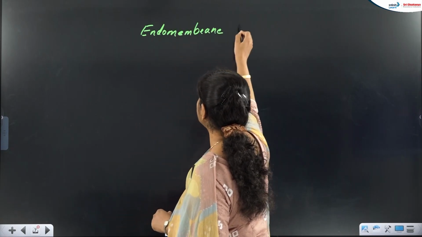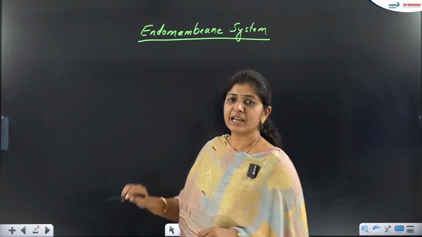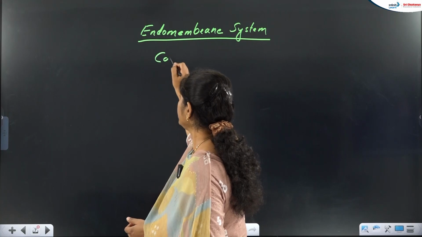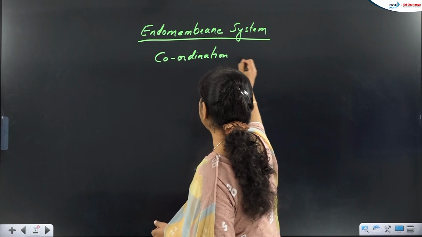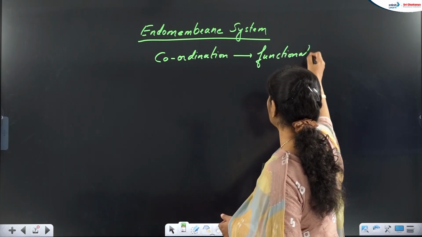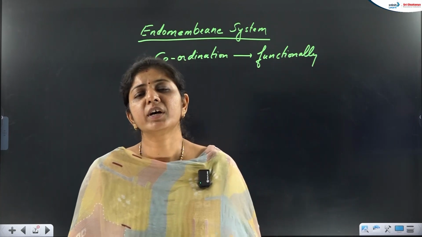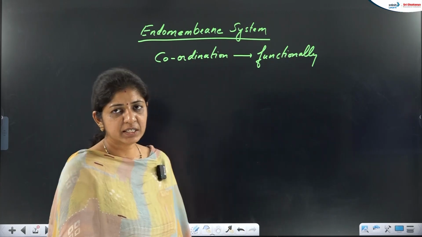This endomembrane system will include those cell organelles which show functional coordination among themselves. If they show functional coordination, they will come under the endomembrane system.